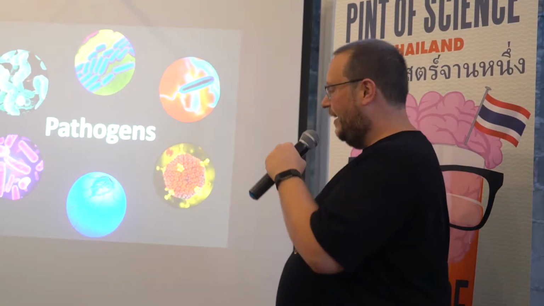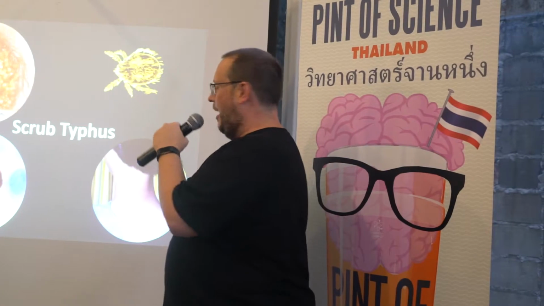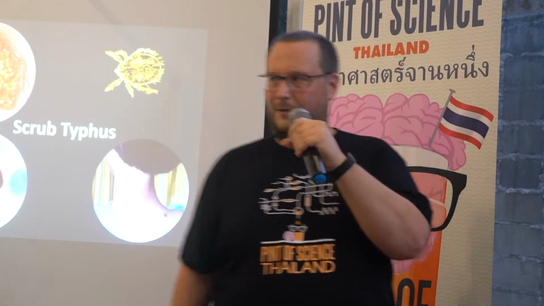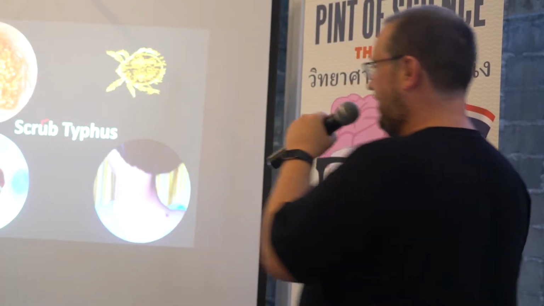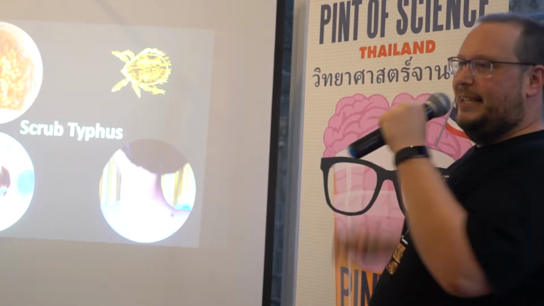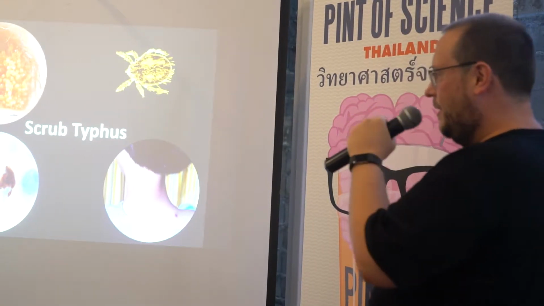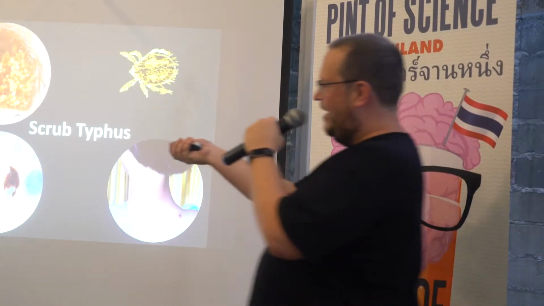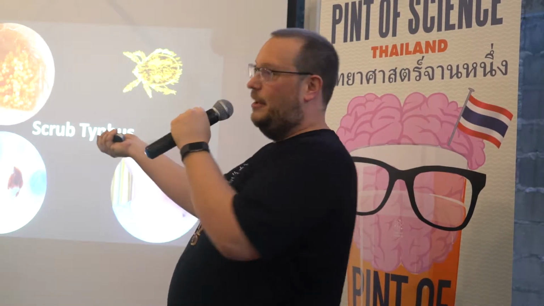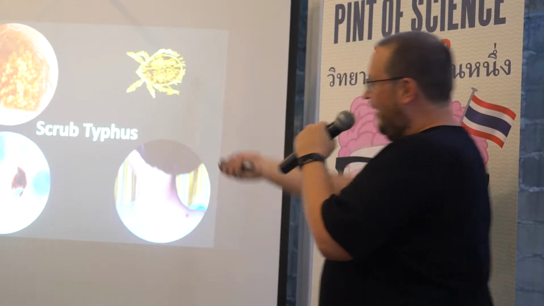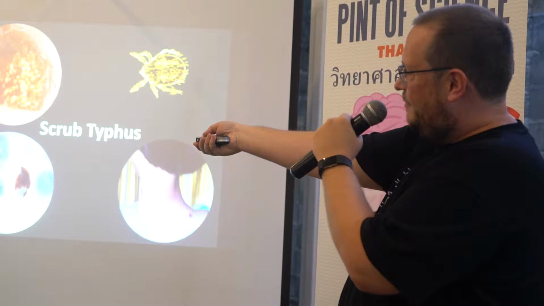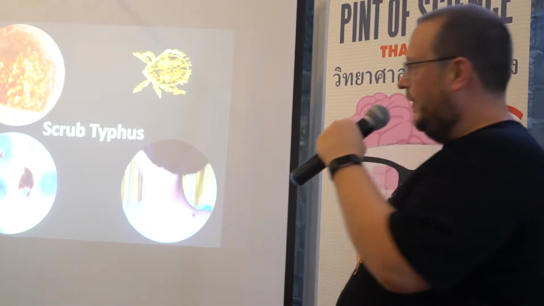A little bit on the bug we are working on, and that we are trying to get a quick test for, and that is a disease called scrub typhus. Scrub typhus is caused by these tiny little bacteria that live in other cells. You can see them as a tiny brown blob there.